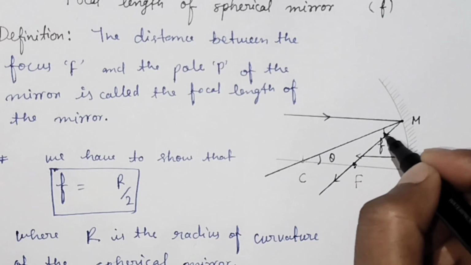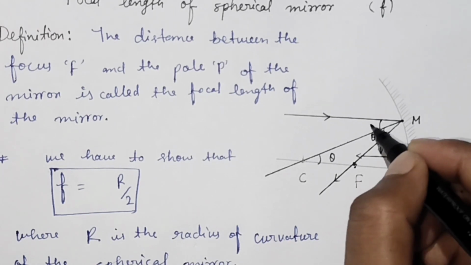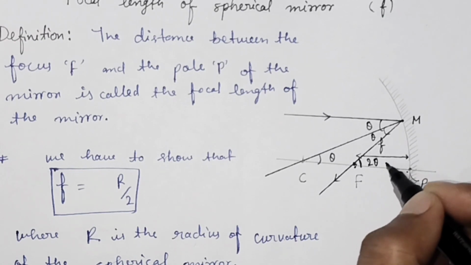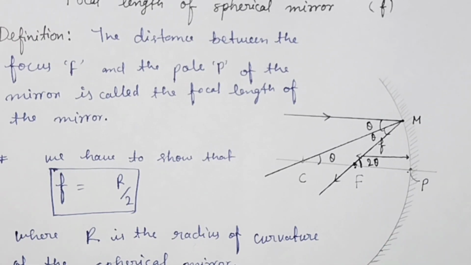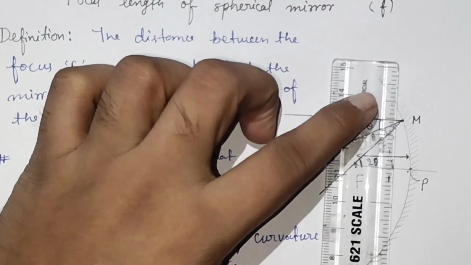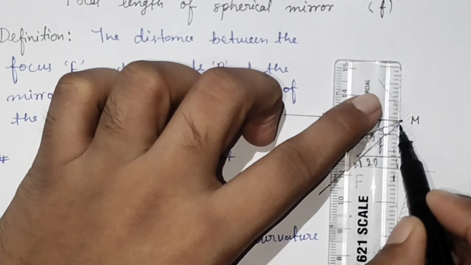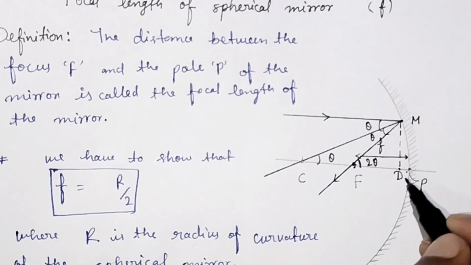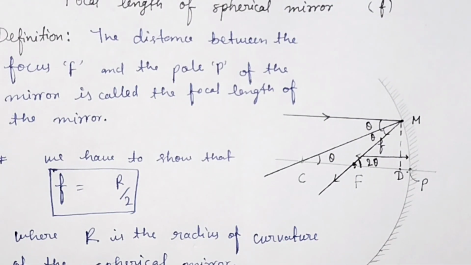So this angle also will be theta, and this angle also will be theta. So this angle will be 2 theta, and now we will draw a perpendicular through M. Let this point be D. Clear?